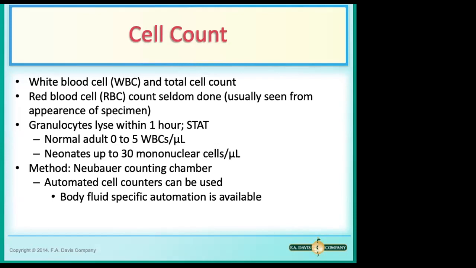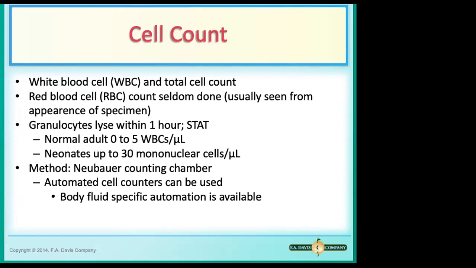Granulocytes: when we prepare a sample for CSF cell counting, we want to make sure that this is a stat specimen, because granulocytes tend to lyse within 1 hour. So when you get it, you must do your cell counts right away. If you're going to do it manually, you have to do it right away.